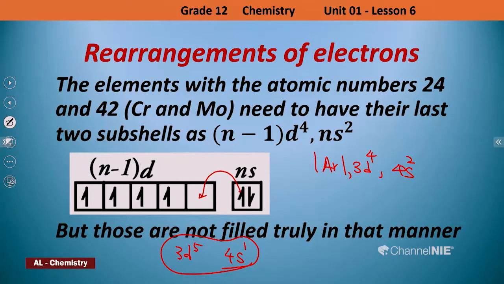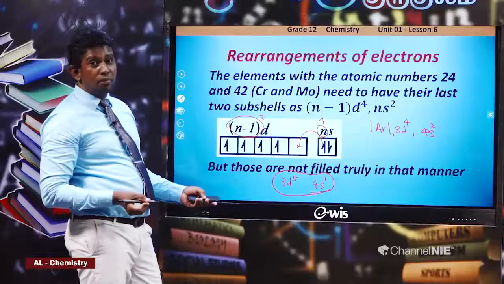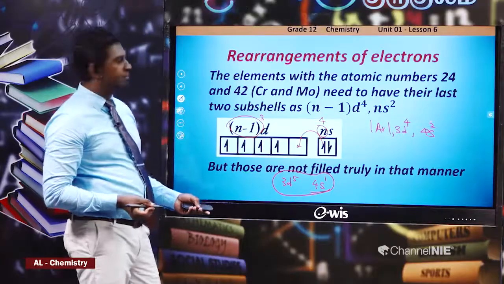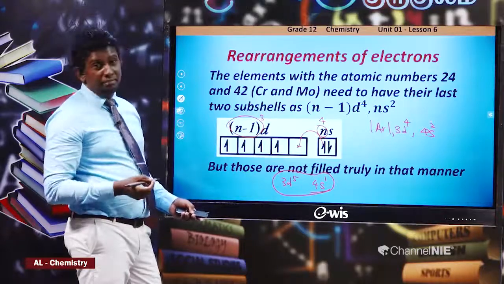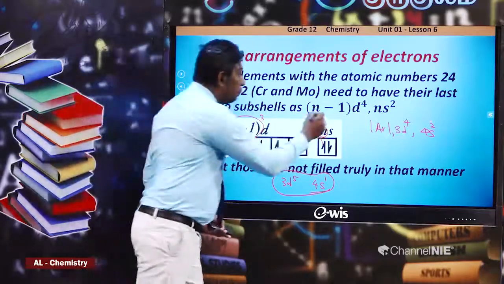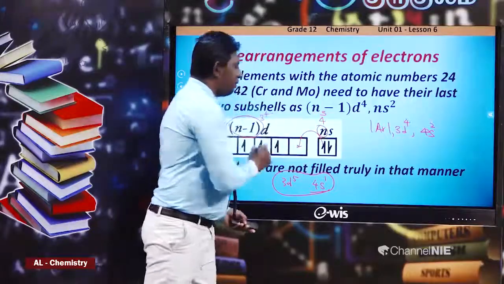So I have mentioned it as ns and this as (n-1)d. You could imagine this as 4 and this as 3 when it is chromium. Then when it is molybdenum, students, this would be 5 and this would be 4.